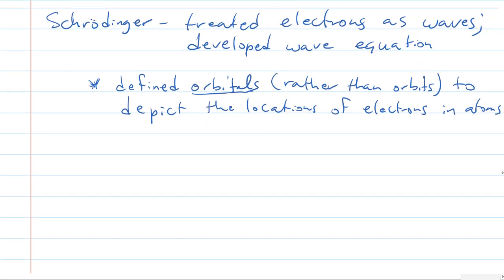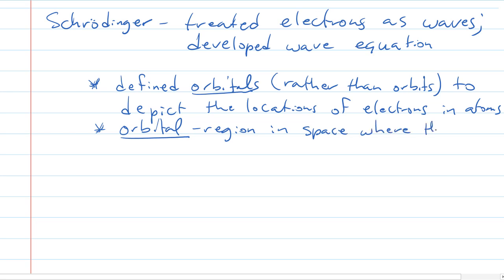And we would define an orbital like this: we define an orbital as being a region in space where there is a high probability of finding an electron.